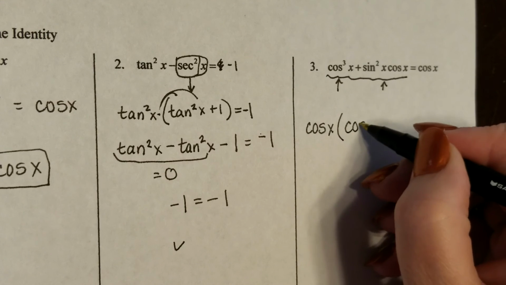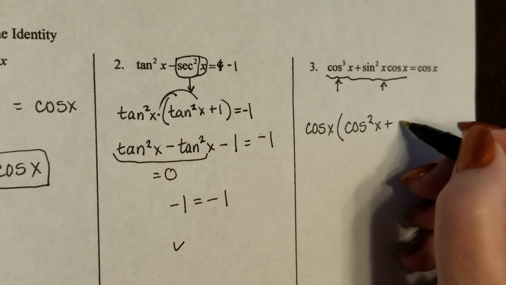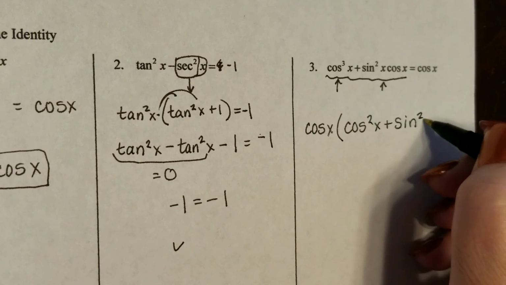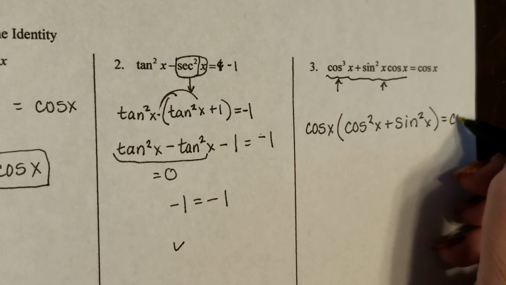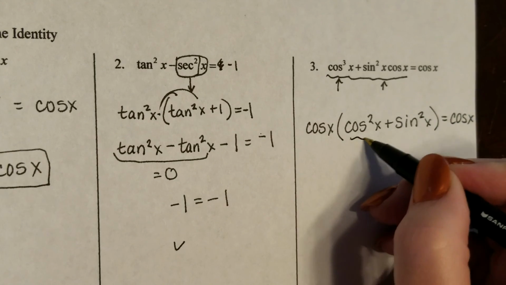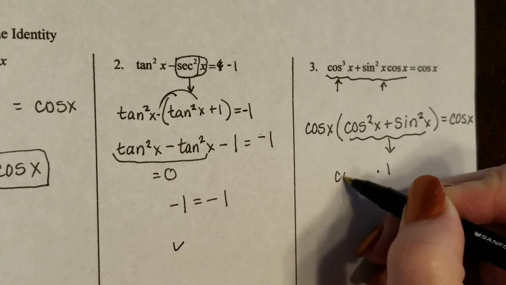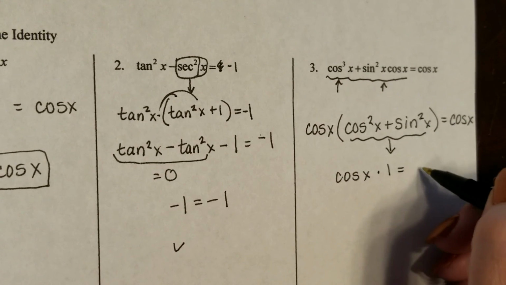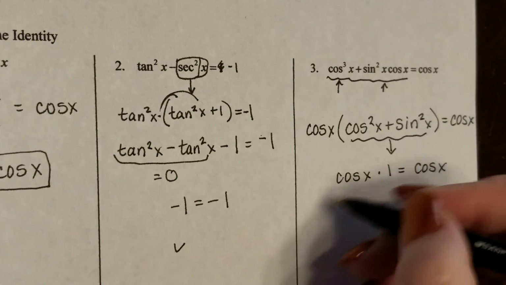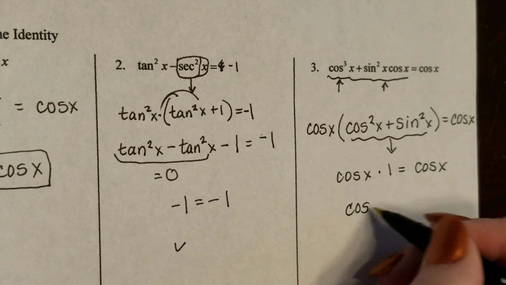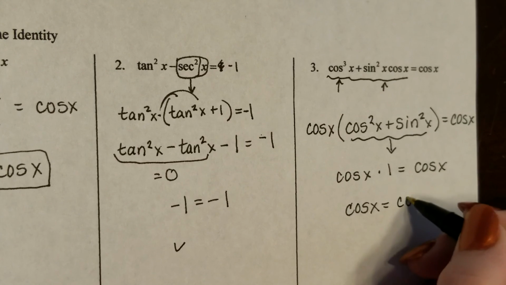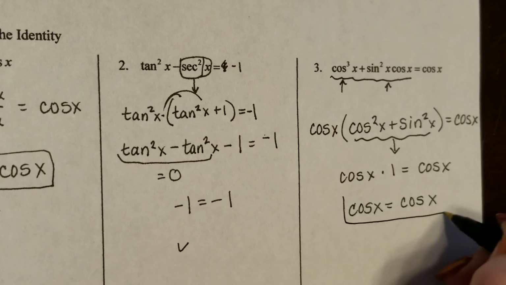That leaves me with cosine x times cosine squared x plus sine squared x equals cosine x. Well, the Pythagorean identity tells me that that is 1. So I have cosine x times 1 equals cosine x. Well, anything times 1 is itself. So I have cosine x equals cosine x.